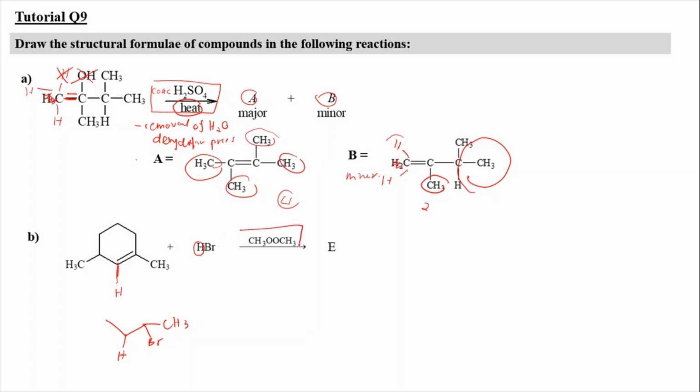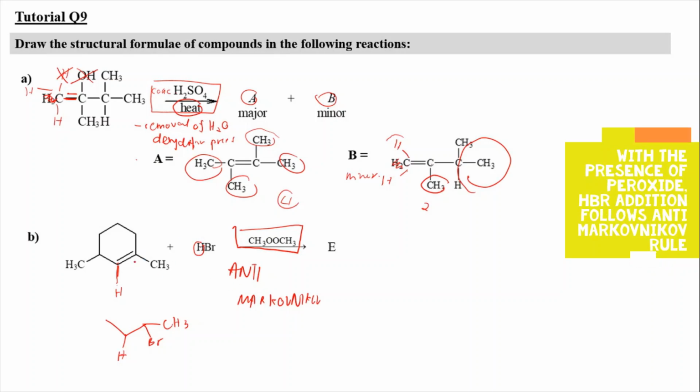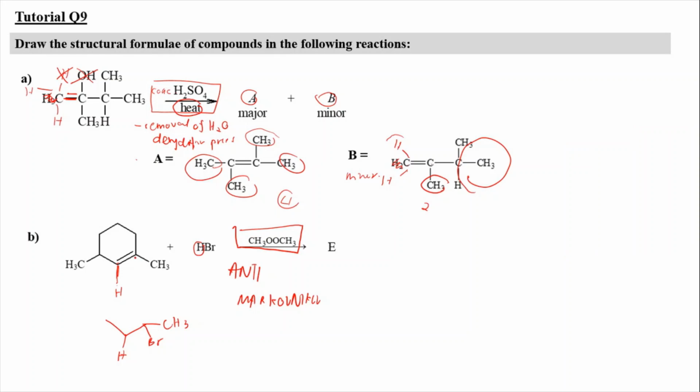However, with the presence of peroxide, it is going to follow anti-Markovnikov. Okay, so anti-Markovnikov means the H is going to be added at the least substituted position. So the double bond here is going to be a single bond where the hydrogen is attached here and Br is attached here.